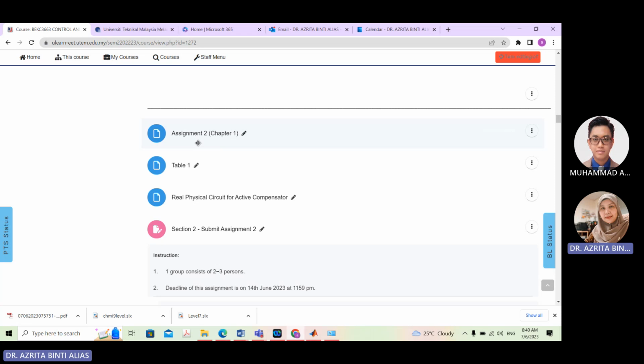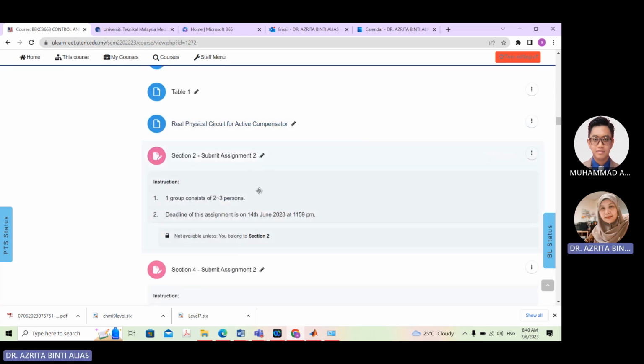Here is the assignment, and also Table 1 and the real physical circuit for the active compensator. This is a group assignment. One group consists of 2 or 3 persons. The deadline of this assignment is 14 June. But don't worry, I will guide you how to do this assignment. So maybe you can submit before 14 June.